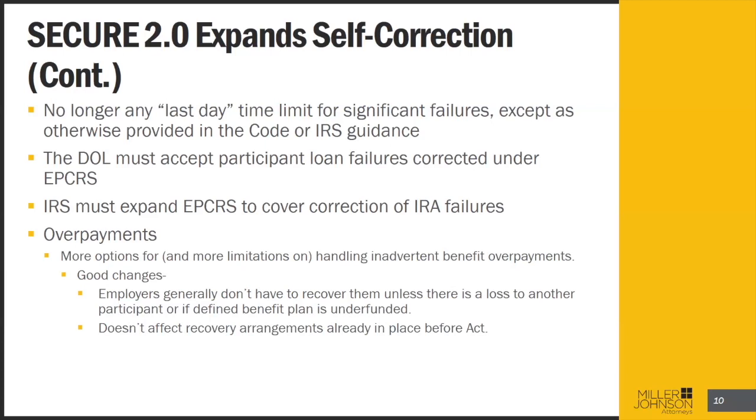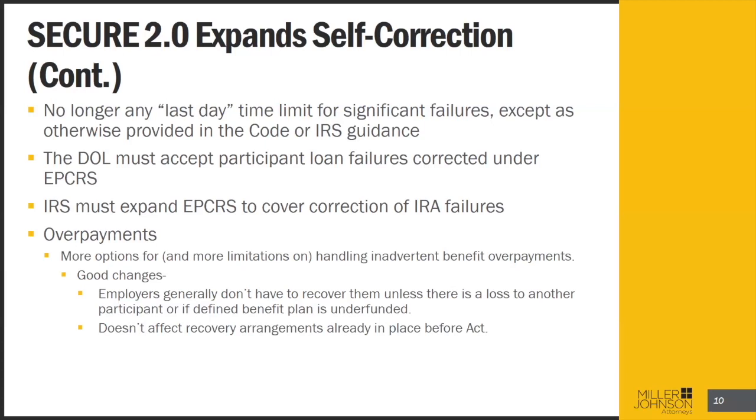Another, just in terms of background, now this is not covered in the most recent guidance, but this is a repeat of another item that we've talked about under Secure 2.0: it expands the ability to correct overpayments. We have more options for handling inadvertent benefit overpayments. That's an example where a participant has taken a distribution and may have been overpaid.